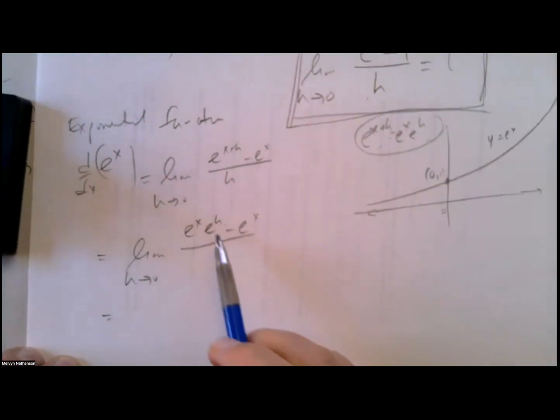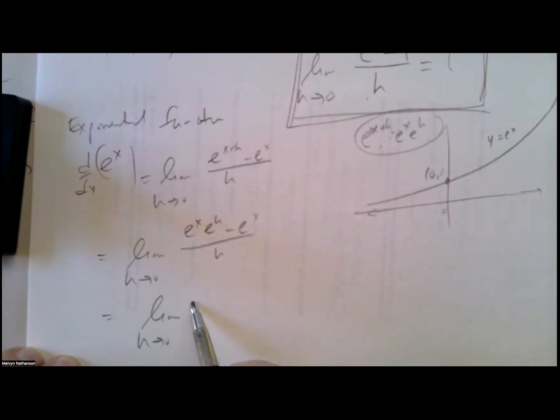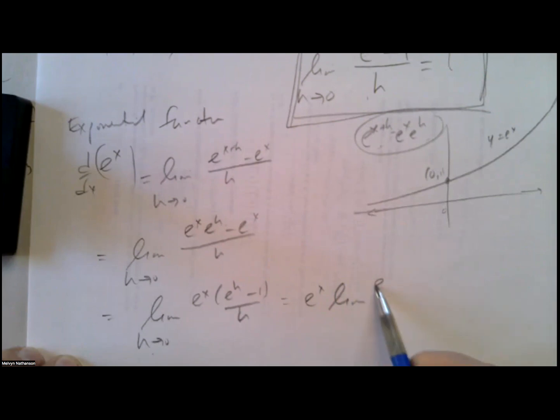And I can factor e to the x from this. It's e to the h minus 1 over h. And with respect to h, e to the x is fixed, it's constant. So this is e to the x times the limit of e to the h minus 1 over h as h goes to 0, and that limit is 1.